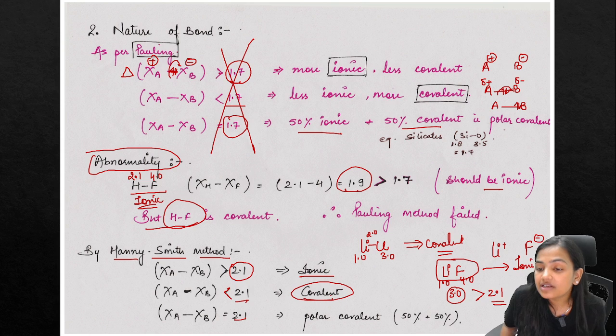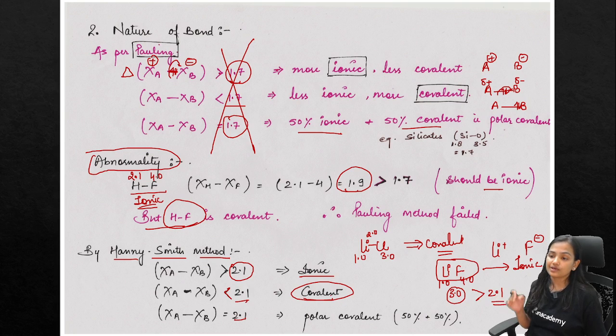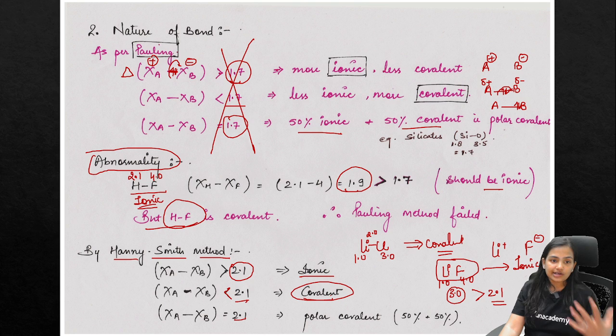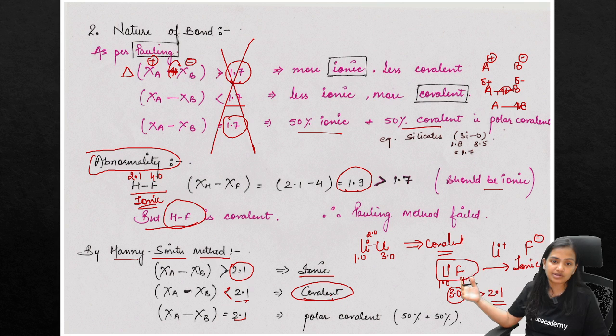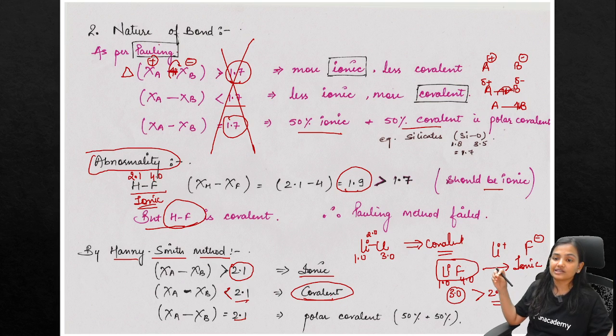First of all, let me tell you one factor. None of the bonds is purely ionic or purely covalent. It's not that NaCl is completely 100% ionic or HCl is 100% covalent. No guys, no bond is purely ionic or purely covalent. It is just about who is in majority, who is dominating.